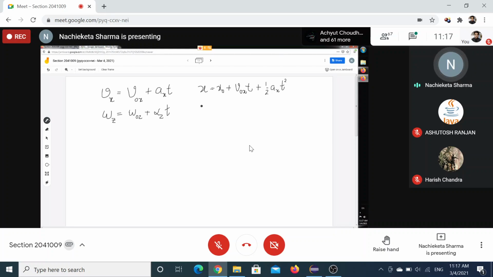The corresponding equation in rotational motion will be theta is equal to theta naught plus omega naught z into t plus 1 by 2 alpha z t square. Okay, so now we will immediately go to an example.